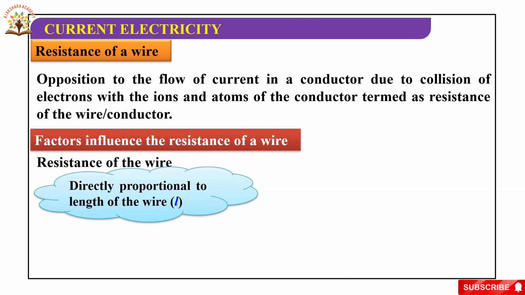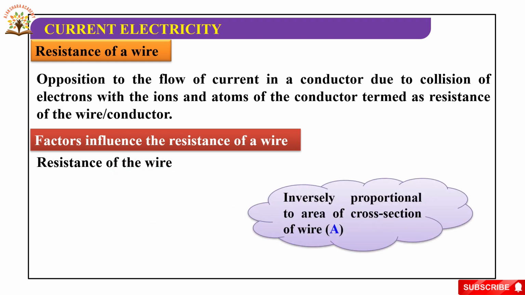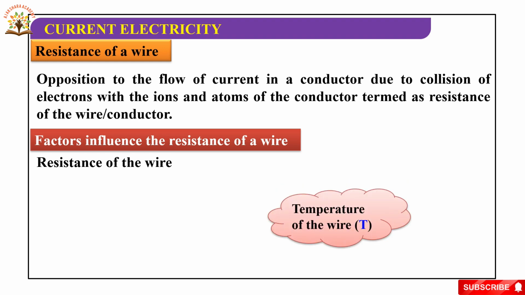Next, it is directly proportional to the length of the wire. Now it is inversely proportional to the area of cross section of the wire, A. It also depends upon the temperature of the wire, T.